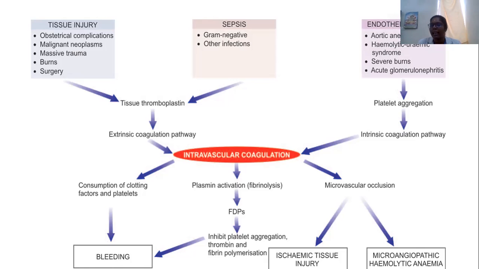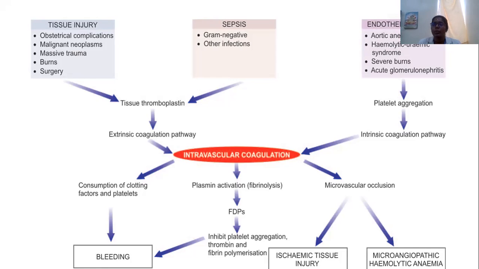Infective causes like gram positive and negative bacteria, Rocky Mountain spotted fever, and meningococcemia also cause release of tissue thromboplastin, activating the extrinsic coagulation pathway. And the etiological factors which cause endothelial injuries are aortic aneurysm, severe hemolysis, and hemangiomas.